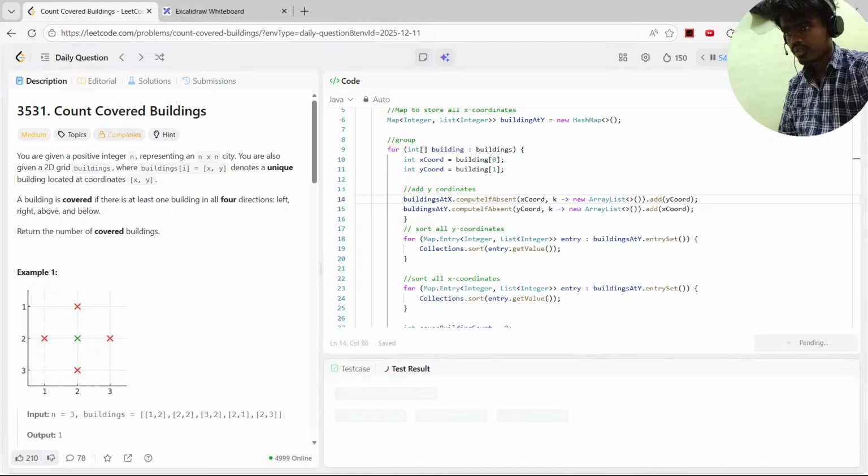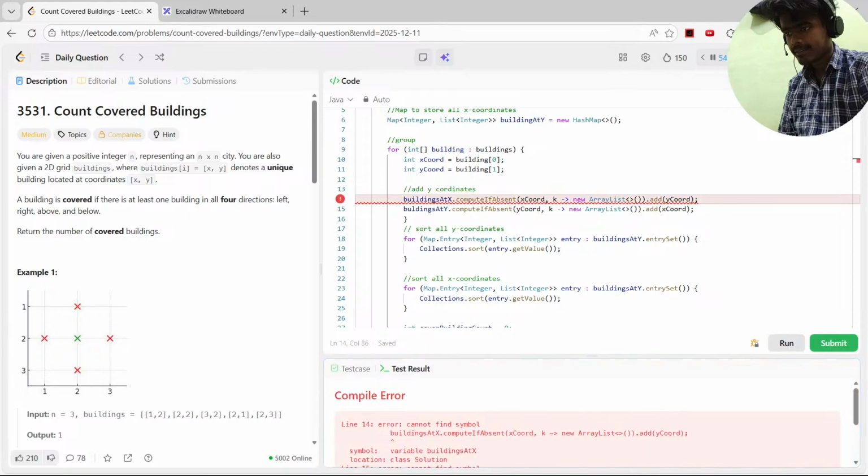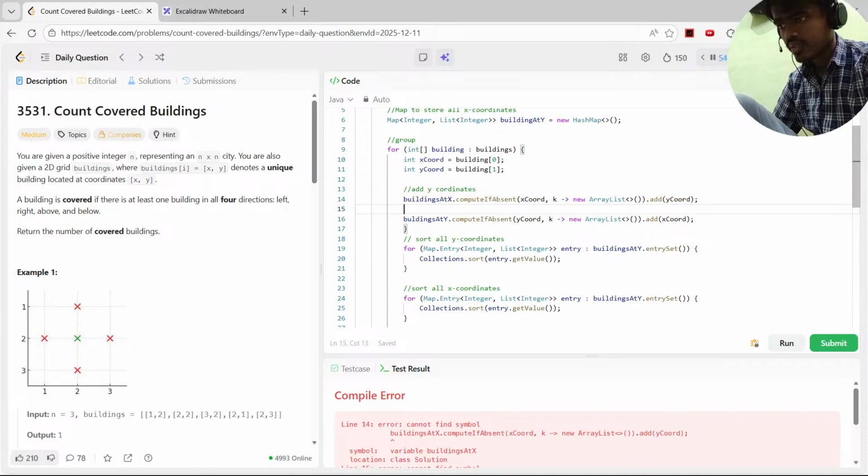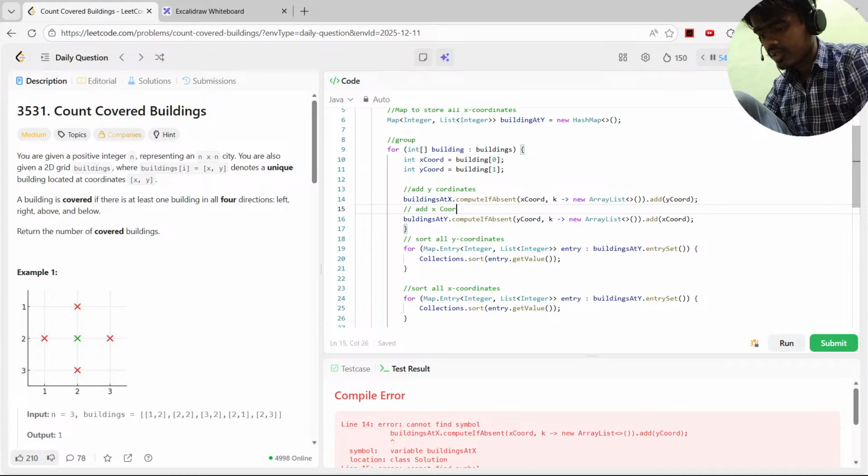Let me run it. Still the error. Add x coordinates.